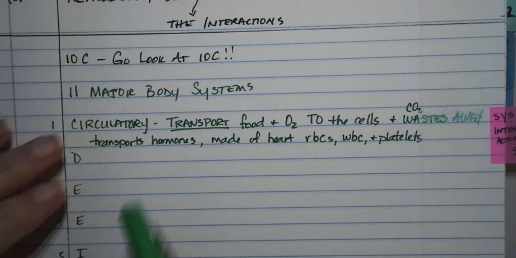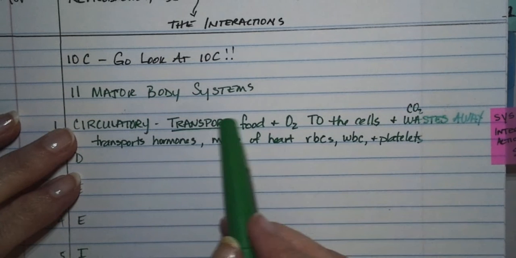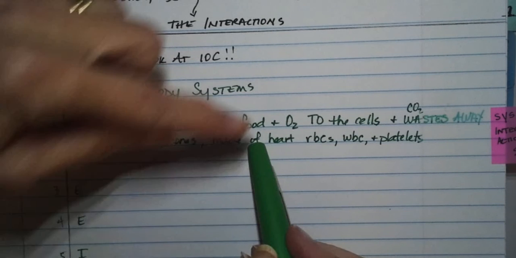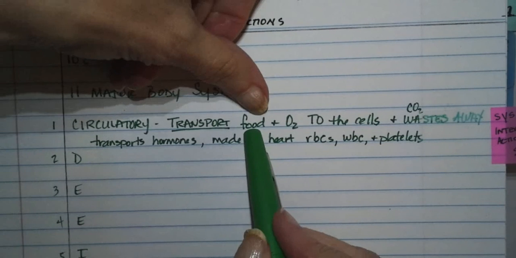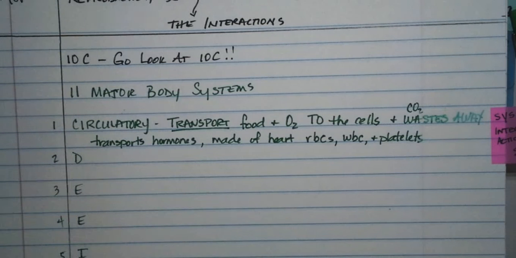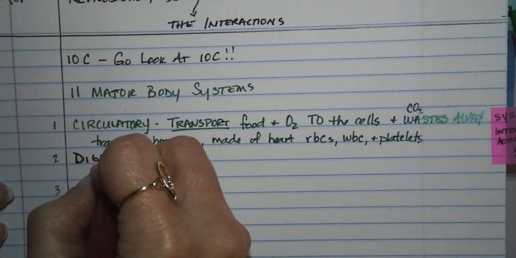Let's just take that first part here, transporting food and water. In order to be able to transport food, you've got to deal with the digestive system. So I'm going to pick another color for the digestive system here. So, digestive. The digestive system breaks down materials to be absorbed by the cells.